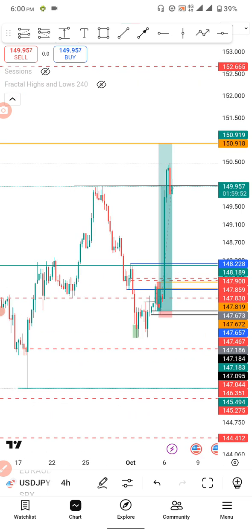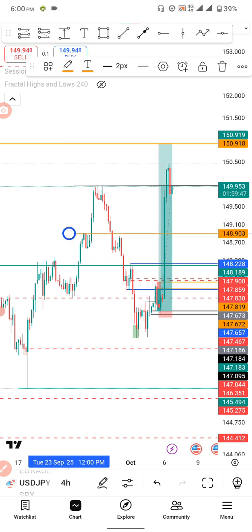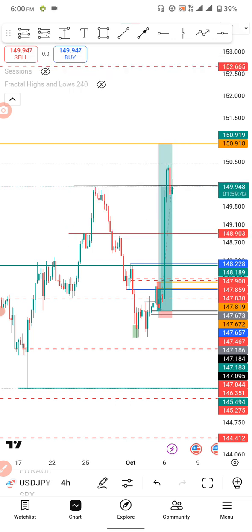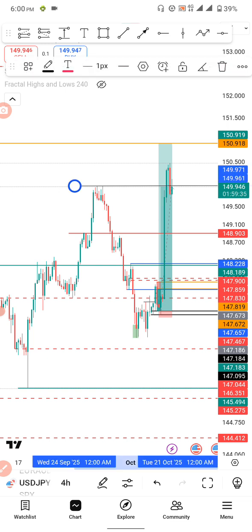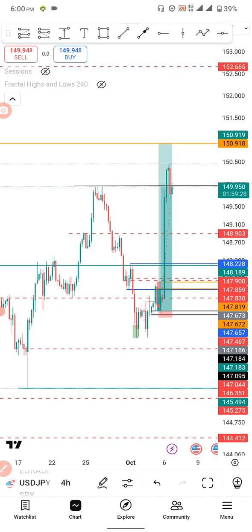I will wait for the market to tap that liquidity engineering of H4, after the market closes above this high. So I will wait for the market to come back on that liquidity engineering, and it shifts in H1. This is daily liquidity engineering. It is H4, it has to shift.